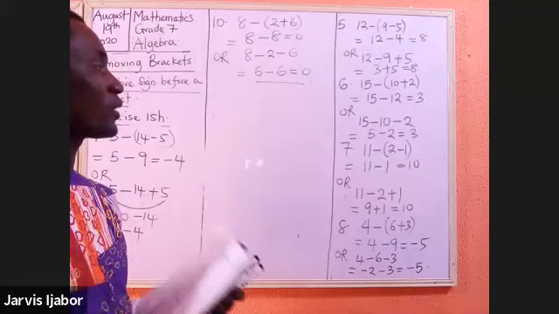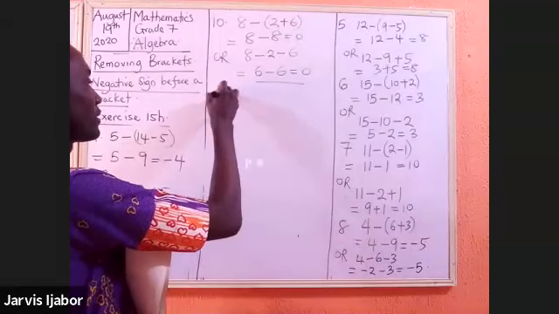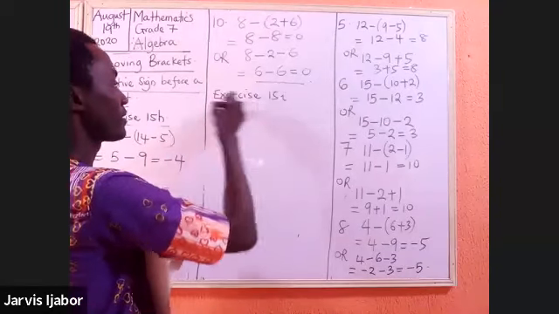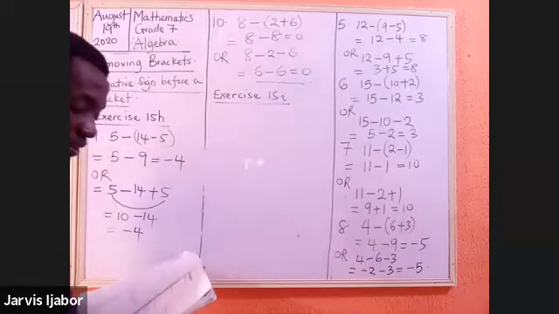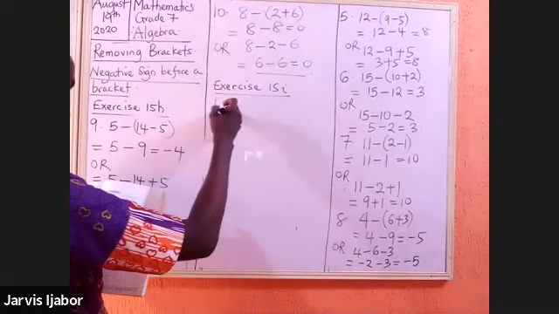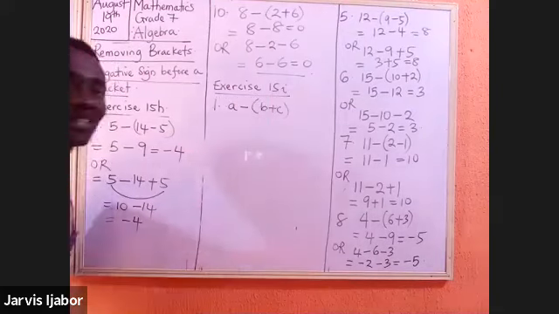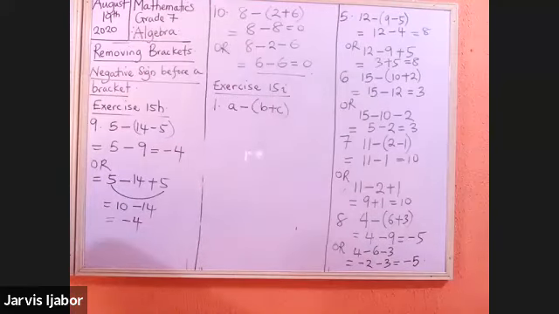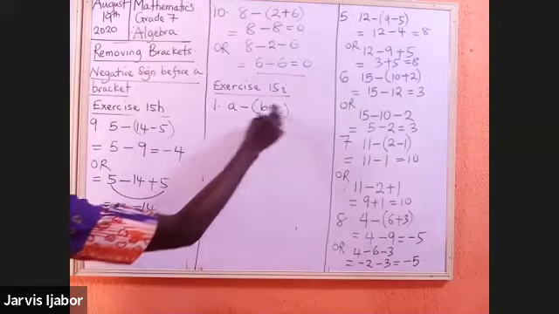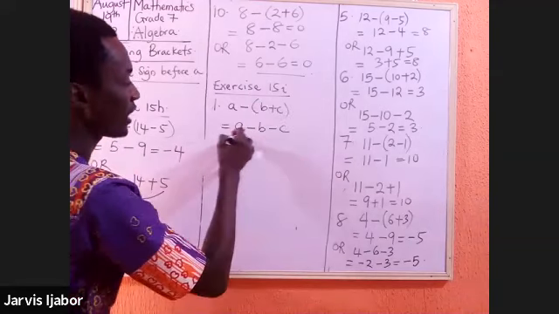Okay, so just to give you a little heads up, I will look at one, just a little tip of what you have to do in exercise 15I. If you look at question 1, you are told that A minus B plus C. You discover that in this one, it is the second method that will work because these letters are different. So this will be what? A minus B minus C. And this is what the final answer will be.